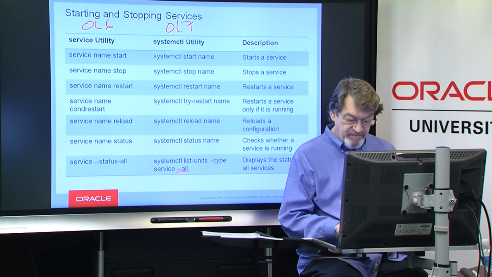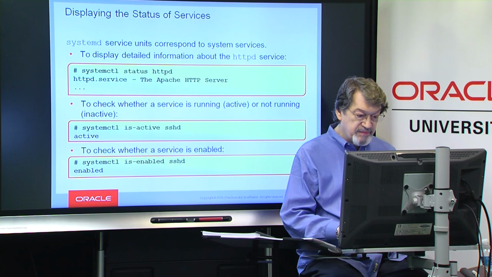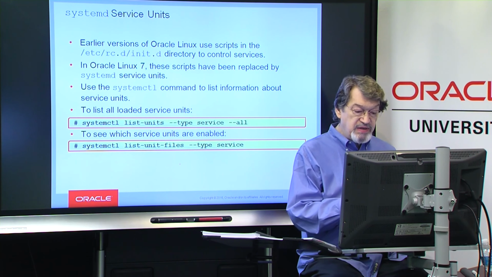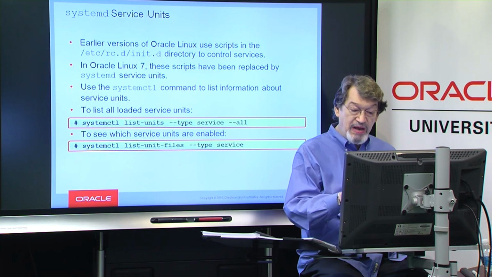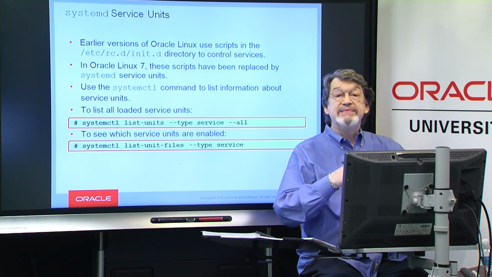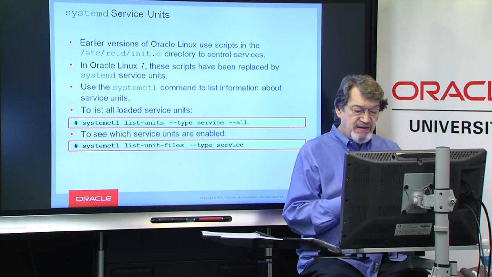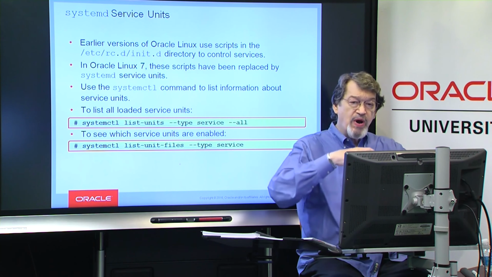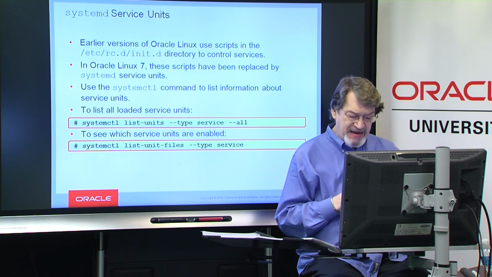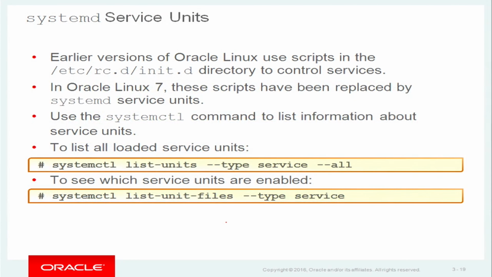Okay? Now, previously, we were doing list service all as well. All right? Once again, you might want to pipe that into less. All right? I think you'll find that the list is quite voluminous. All right? That would be my expectation.